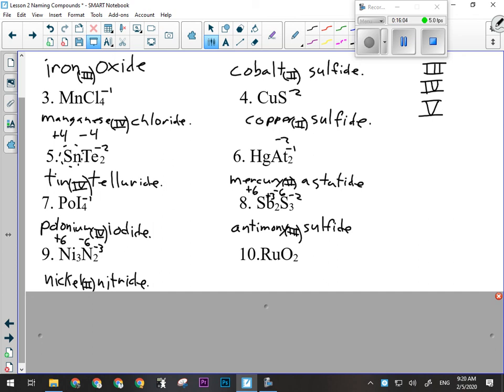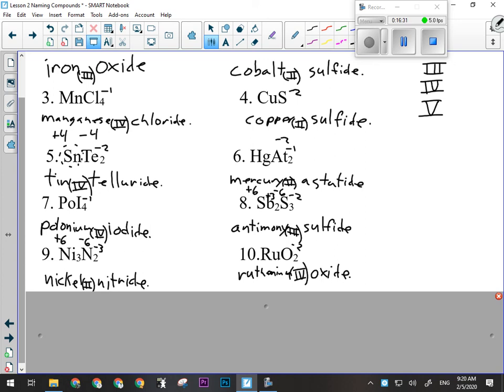And then for number 10, we've got ruthenium with oxygen. So this will be ruthenium something oxide. Charge on oxygen is always -2. So -2 times 2 is -4. So this ruthenium must have a +4 charge because there's only one of it.